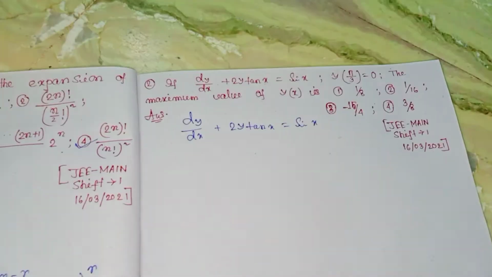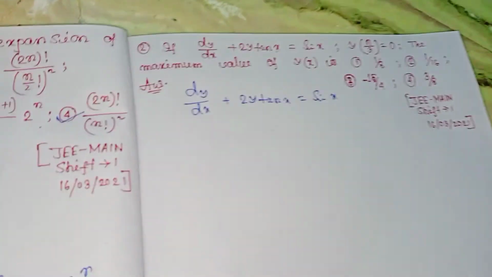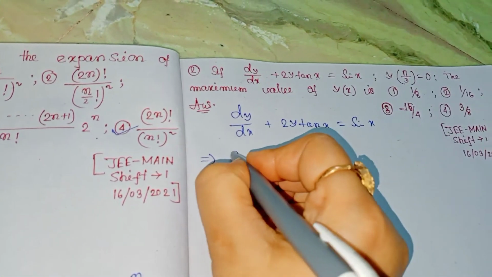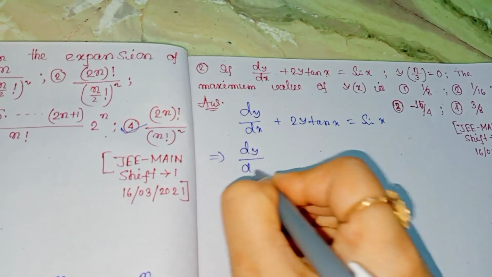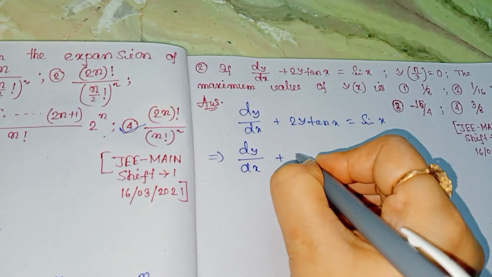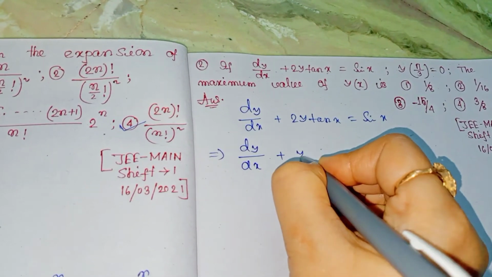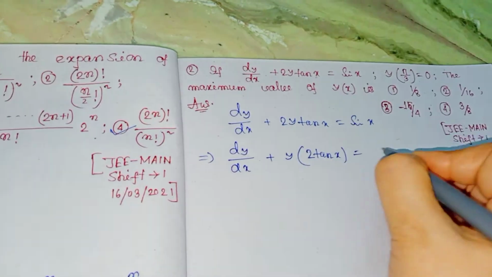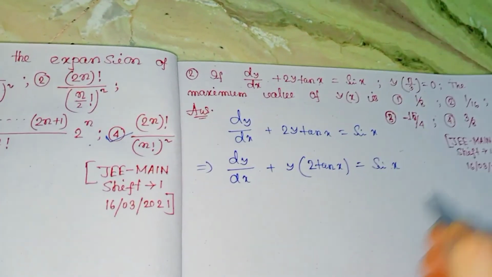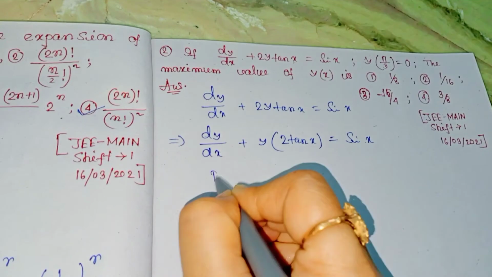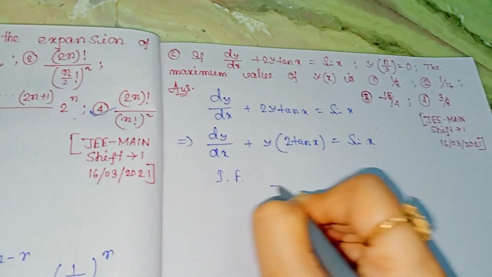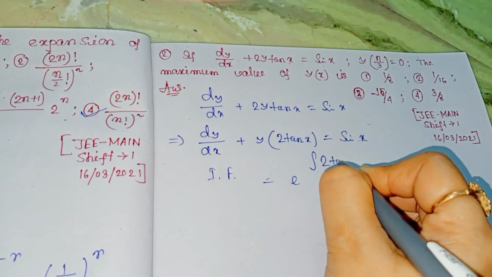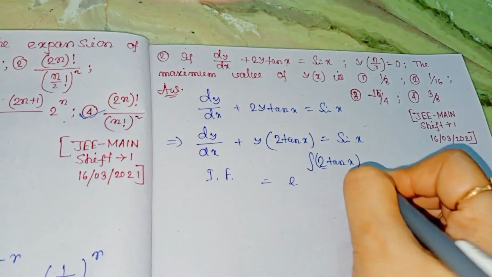Now simplifying this one, dy/dx plus y into twice tan x is equal to sin x. So the integrating factor becomes e to the power integral of 2 tan x dx.